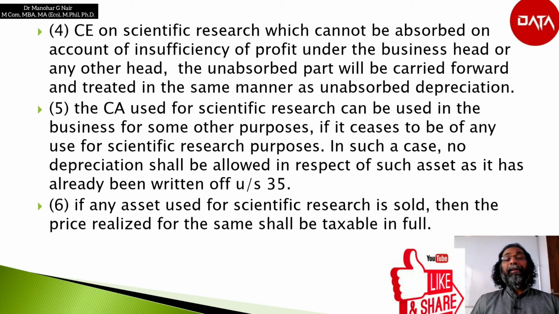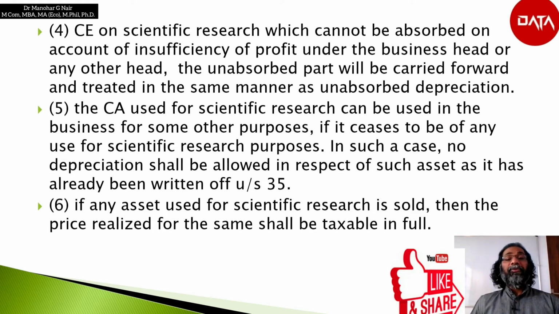The next point deals with the capital asset used for scientific research, which can be used in the business for some other purposes. If it ceases to be of any use for scientific research purpose, in such a case, no depreciation shall be allowed in respect of such asset as it has already been written off under section 35.